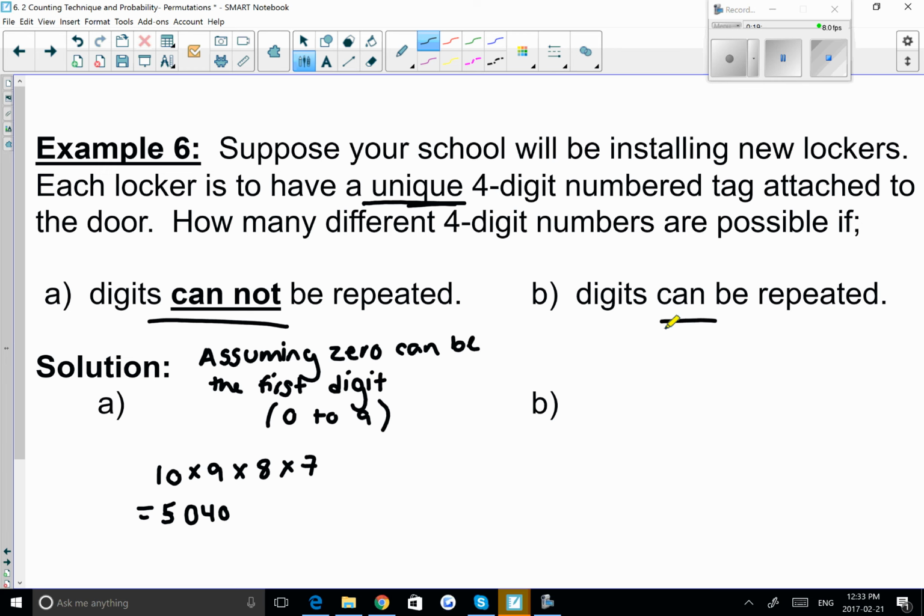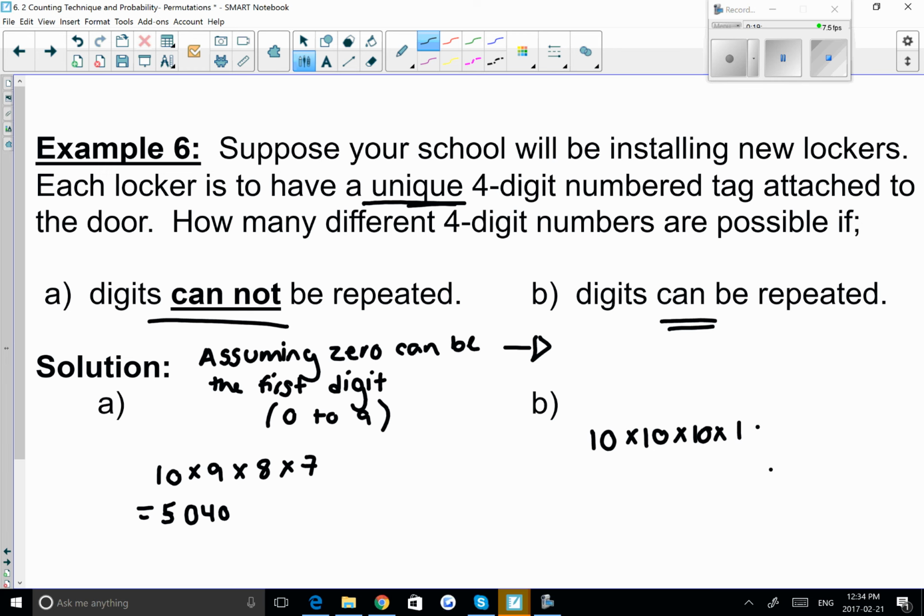Now if digits can be repeated, it's a little different. Making the same assumption, the numbers can be repeated, and I can start with 0. Then I would have 10 the first time. And now I can repeat the number I used the first time, so I can have 10 again. I can have 10 again.